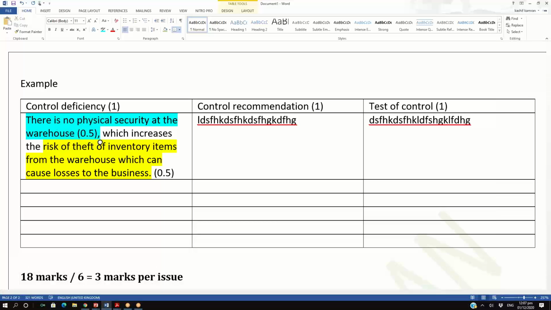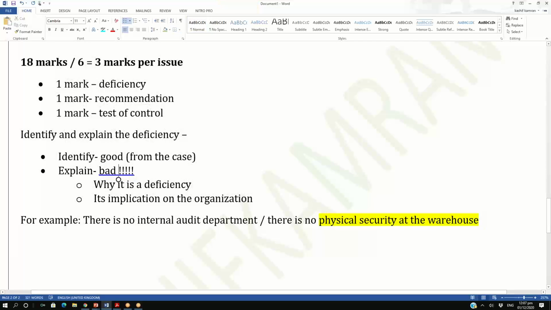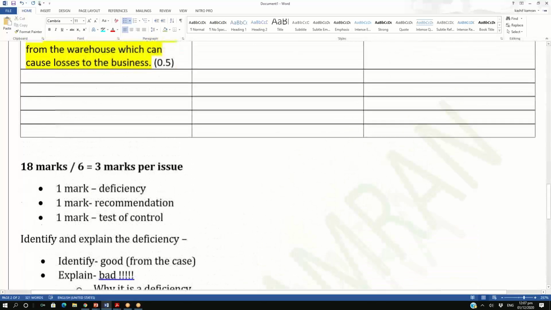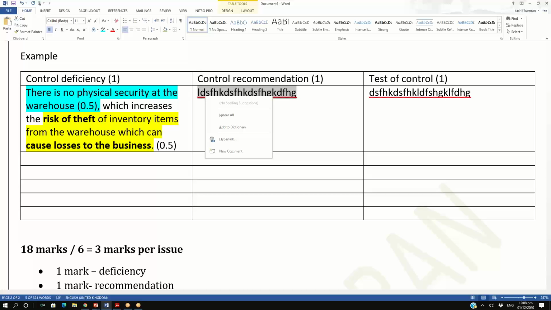So remember the rule, right? If you want to gain a mark on a deficiency, you need to follow a rule of telling why it is a deficiency or possibly the implication to the organization. So I wrote the risk of theft, and the possible implication is it can cause losses to business. So I'm taking my 0.5 marks. But see how much I wrote? Just like a sentence. Now you come to the recommendation.